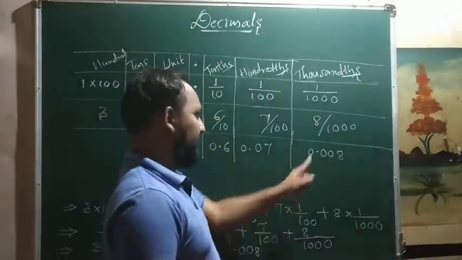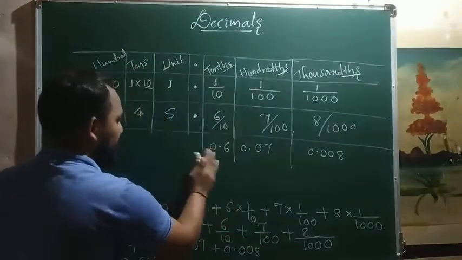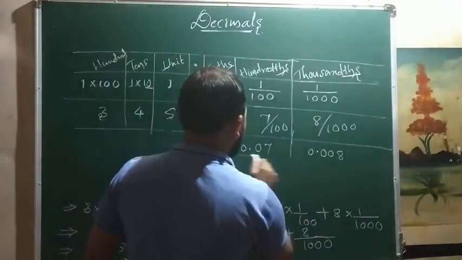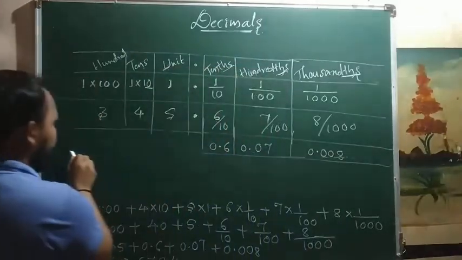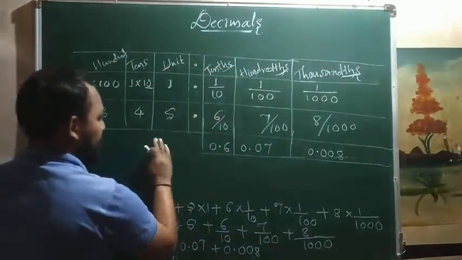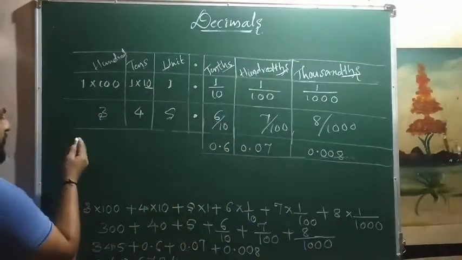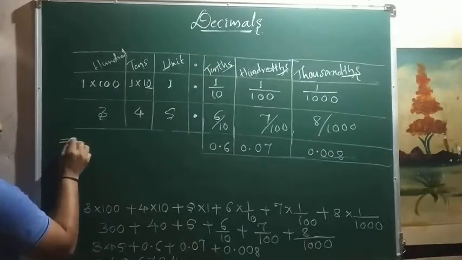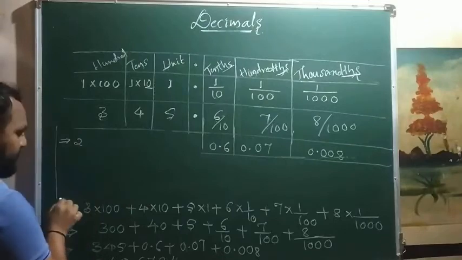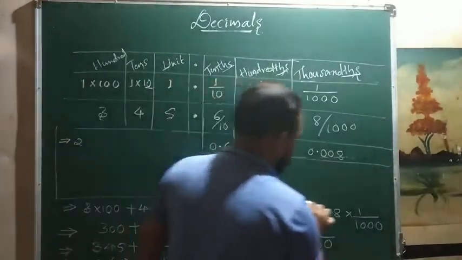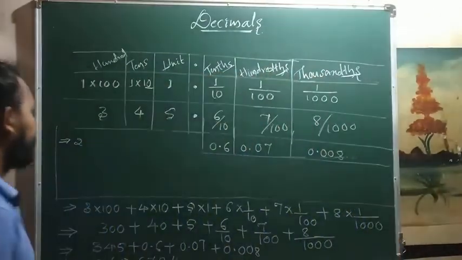0.07. Here are the 3 places. Let's take an example. Okay, here, 2.